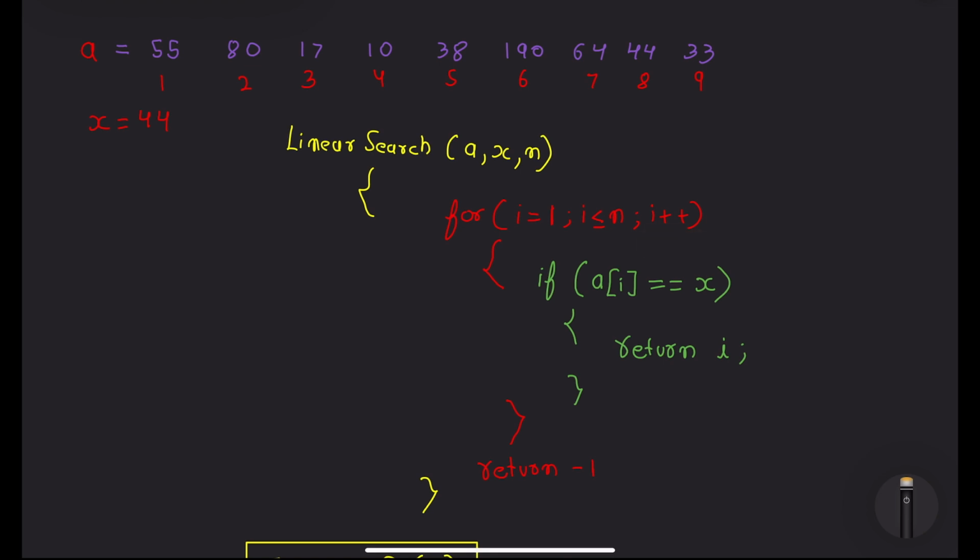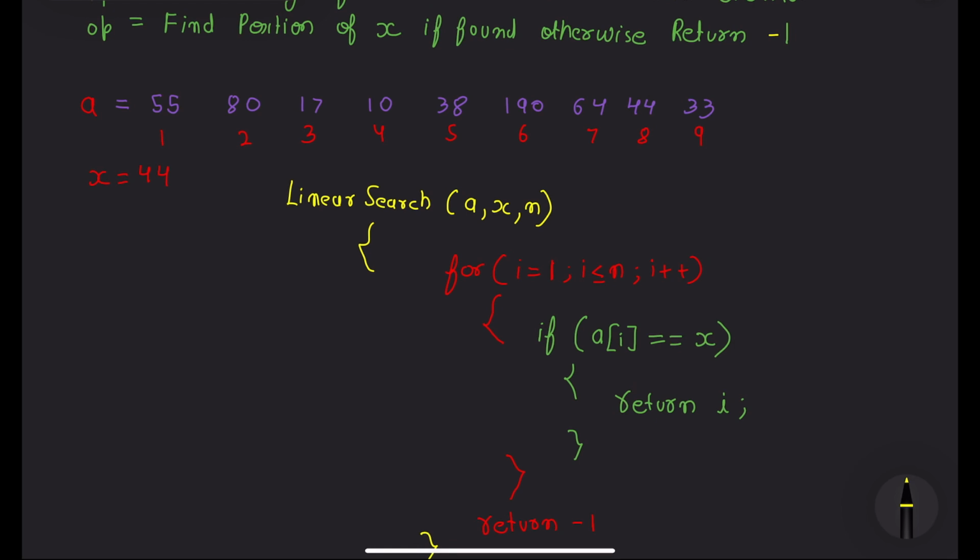So this loop will just basically scan the array from 1 to the last element, which is 9 here. Inside the for loop we will check if the current element, which is A of i, is equal to x. If it is equal to x, then we will return the index i, and if we do not find such an index where A of i is equal to x, then we will return -1 at the end.